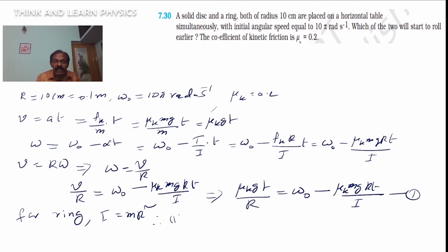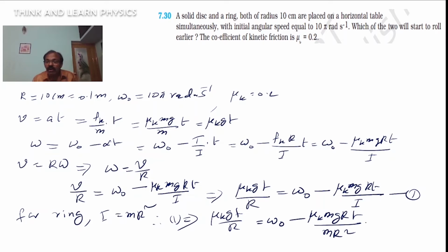Therefore relation 1 can be written as mu k gt by r equals omega naught minus mu k mg r t divided by mr square, or that's equal to omega naught minus mu k gt by r.